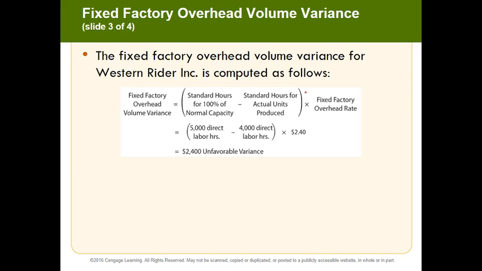Then we multiply that by the fixed factory overhead rate of $2.40. That gives us an unfavorable variance of 2,400. Now the next slide is a great graphical representation of the fixed overhead volume variance and how it functions.